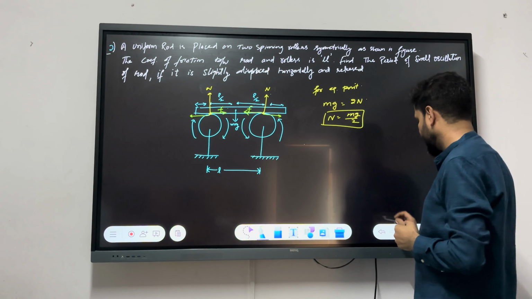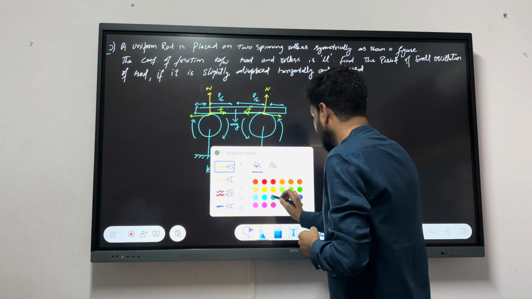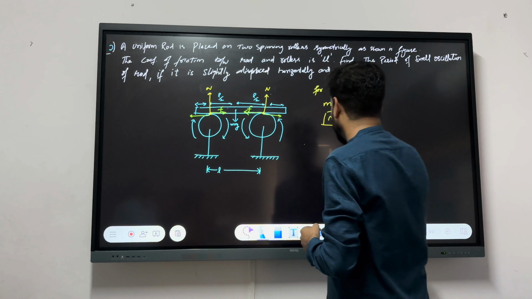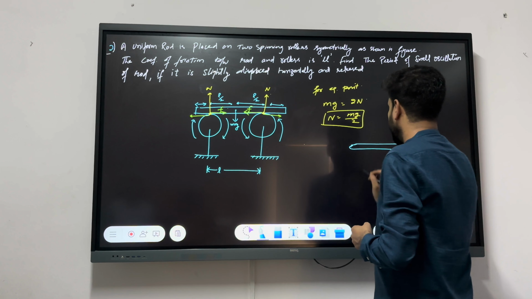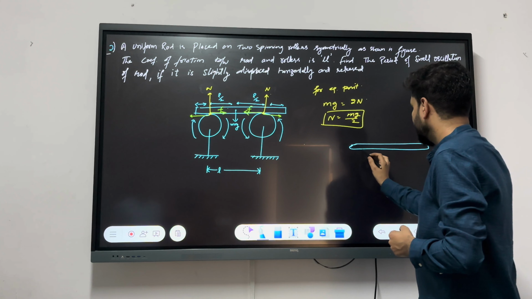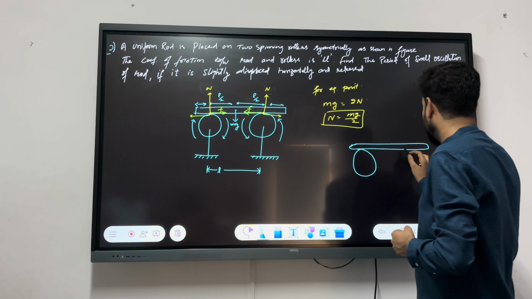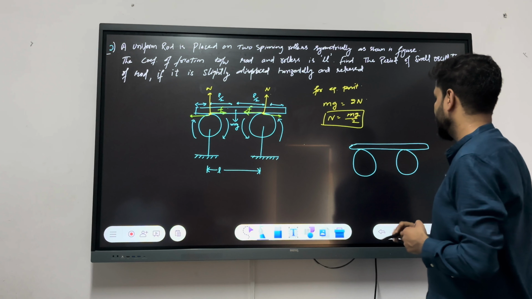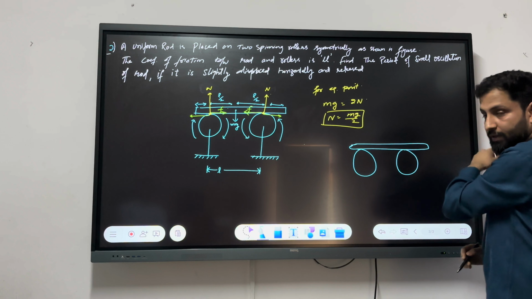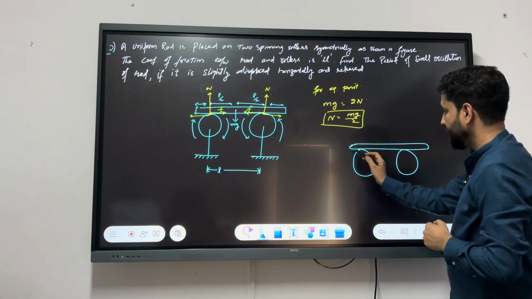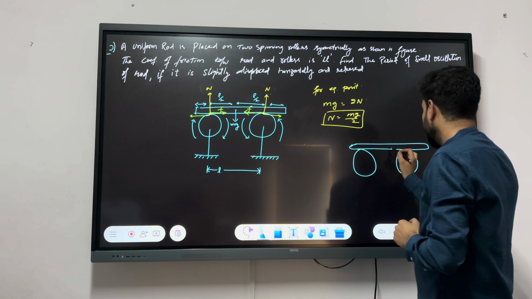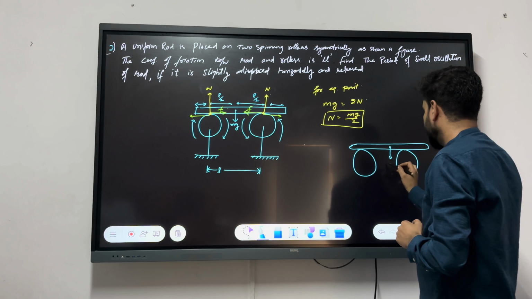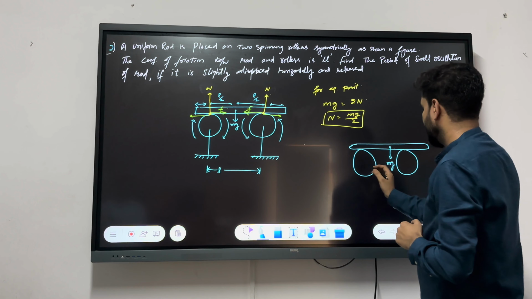We will draw another diagram. So now we are displacing it a little bit. This is our rod. This is one roller, and this is another roller. We have displaced it towards the right, so this distance is less than this distance. Here M will be at the center, so it is here mg.